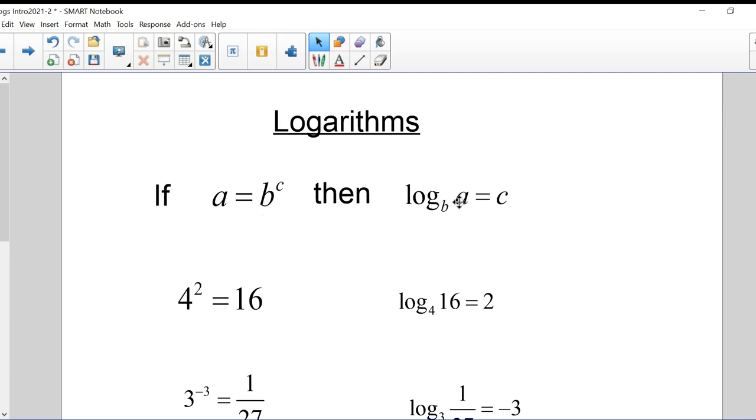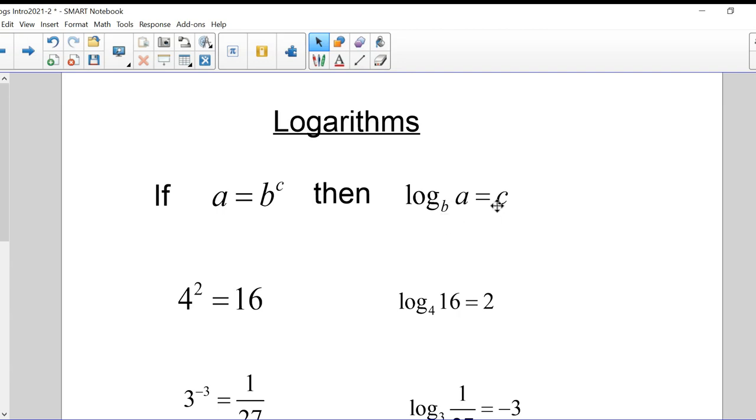In the log world, that becomes the base of the log you're dealing with. You can have different bases for different logs. So whatever was the base in the exponential function becomes the base of your log. So the log base b of a is equal to c.